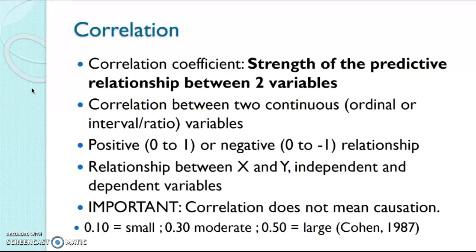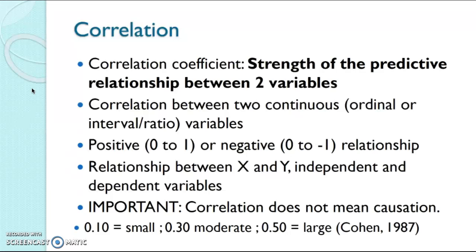To accurately use correlations, we're only looking at what's called continuous variables, which tend to be ordinal or interval ratio. And we're interested in both positive correlations, which would be a coefficient between 0 and 1, and negative relationships, coefficient between 0 and negative 1. And again, this relationship between x and y, or the independent and dependent variable.